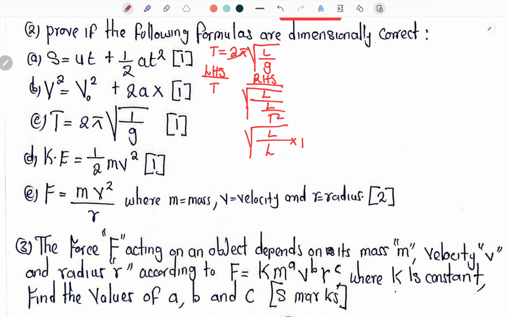So the T to the power 2 goes on top, and then the L comes in the denominator. This becomes 1. You cancel, and you're going to have the square root of T to the power 2, which is just T. So your right-hand side is going to be T, and your left-hand side will be T. Now, what do you have to say about this formula? It is simply dimensionally correct.